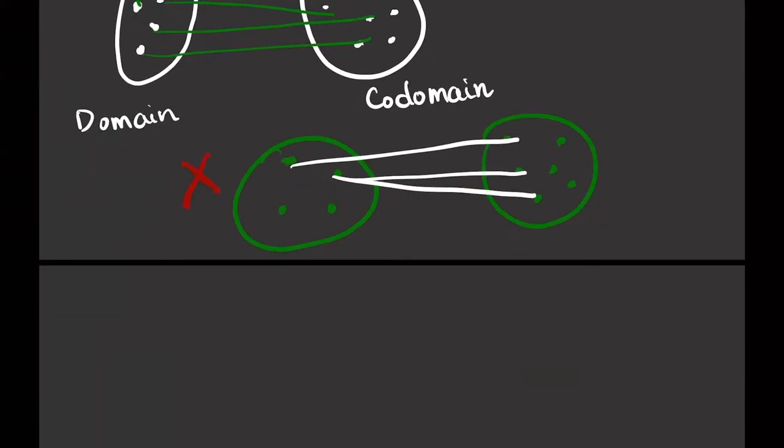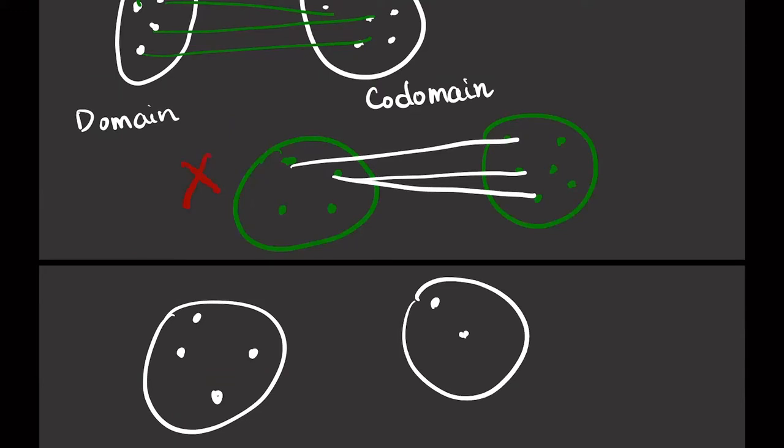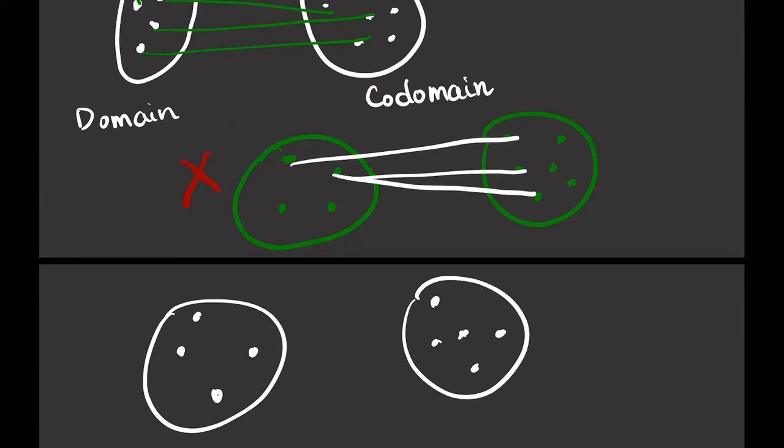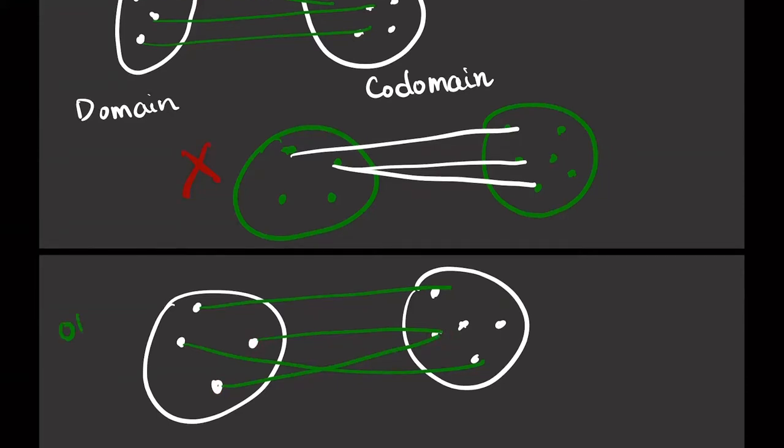However, if you have something like this, two elements in the domain, which means two inputs, have the same output, it is okay. This one is okay. This one is a function because every element in the domain is mapped to something in the codomain, and nothing is mapped to two points.